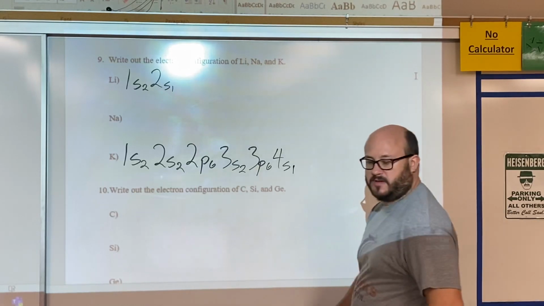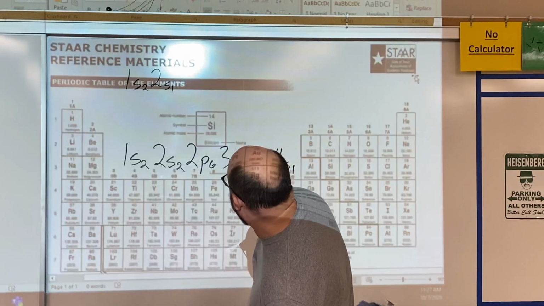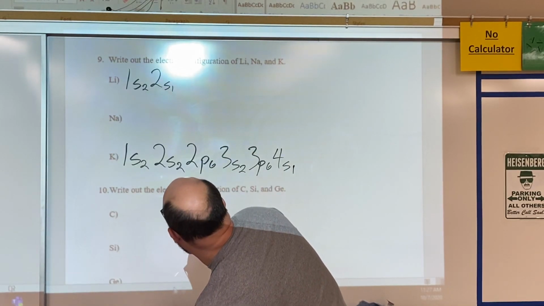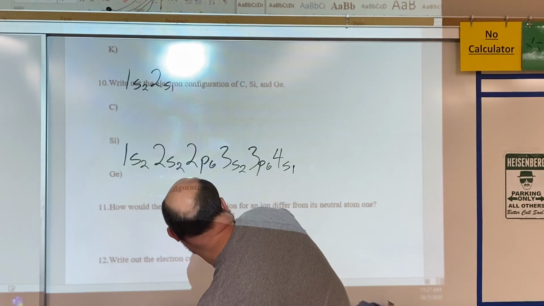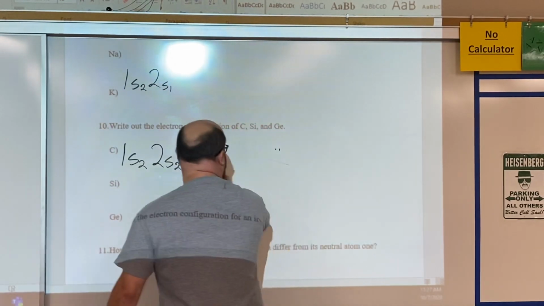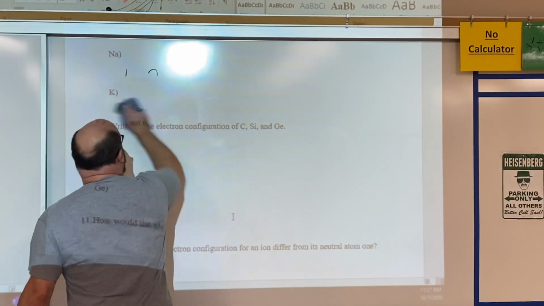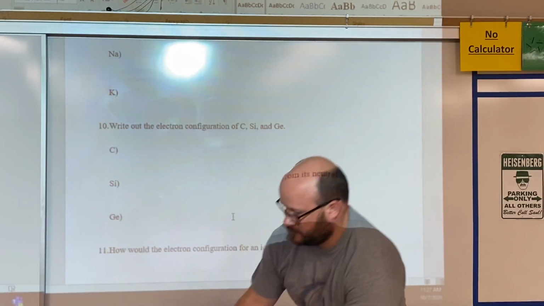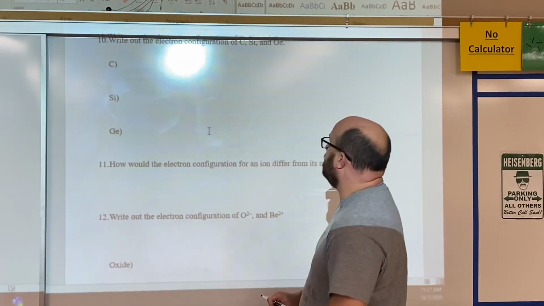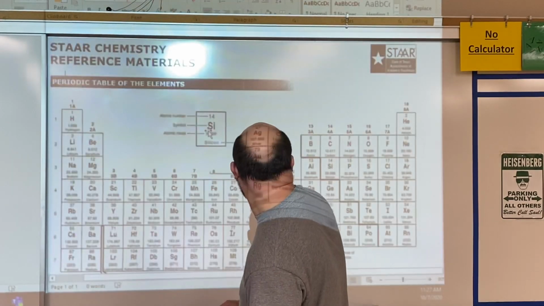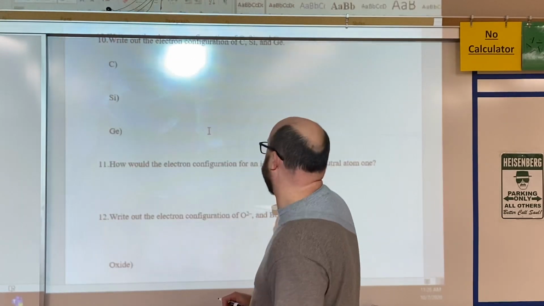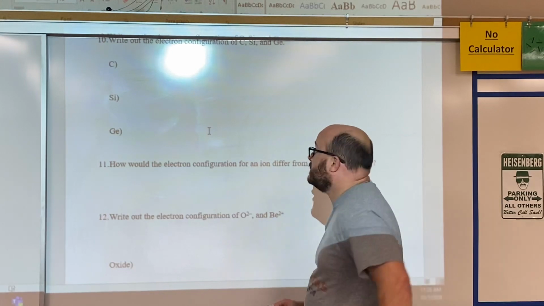So that's what that would look like for potassium. Okay, let's try a couple more and then I'll let you get at it. Let's do silicon first, and then we'll try germanium.